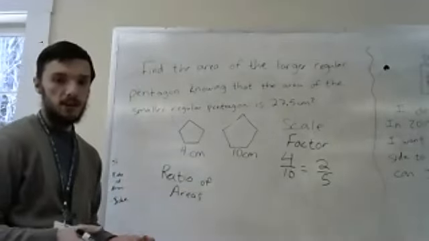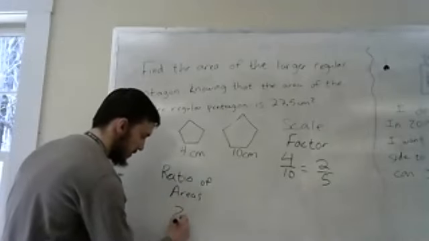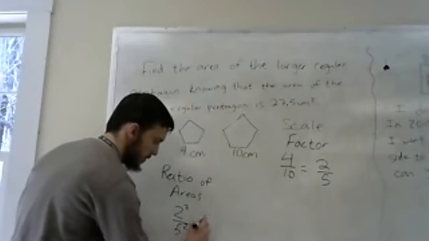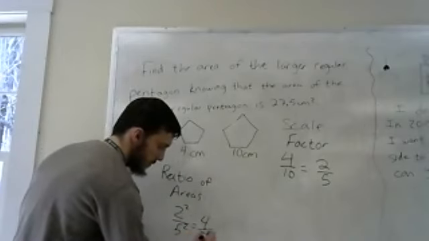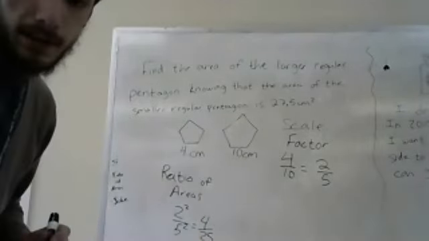The ratio of our areas is going to be 2 squared over 5 squared. Or, when simplified, 4/25.